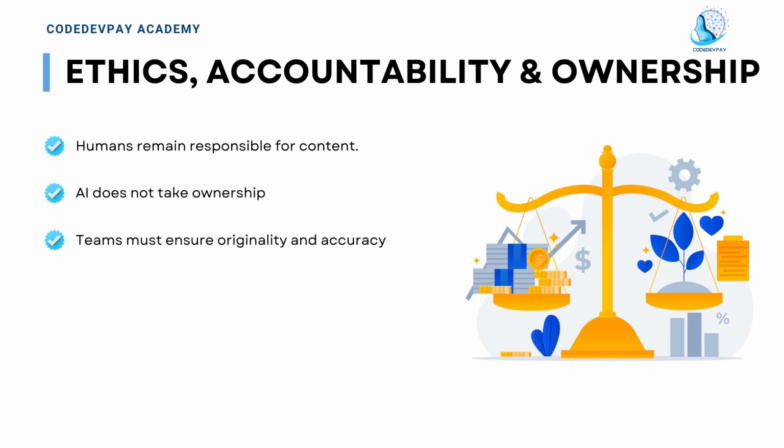But we humans are responsible for that content. And teams must ensure that the content that we place out there is original, accurate, and all the information within it is valid. You get it. So transparency and responsible use is important, especially in professional settings.